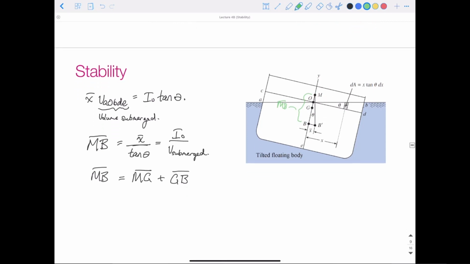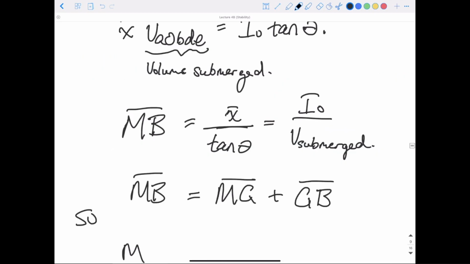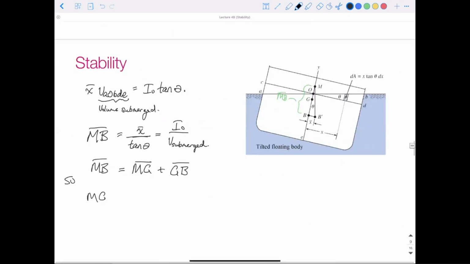All we care about is this distance from our metacenter M to our center of gravity G. So if we rearrange this equation, MG is equal to the distance from our metacenter to our original center of buoyancy minus the distance from center of gravity to our center of buoyancy.